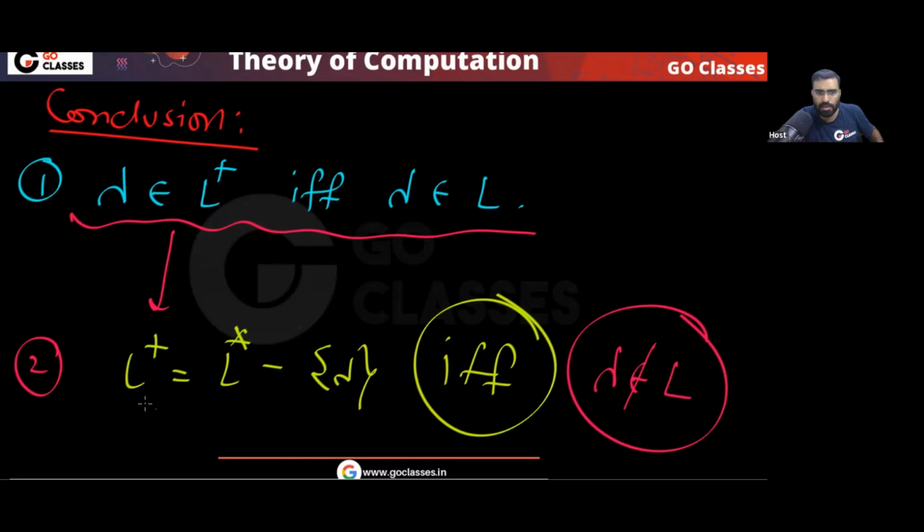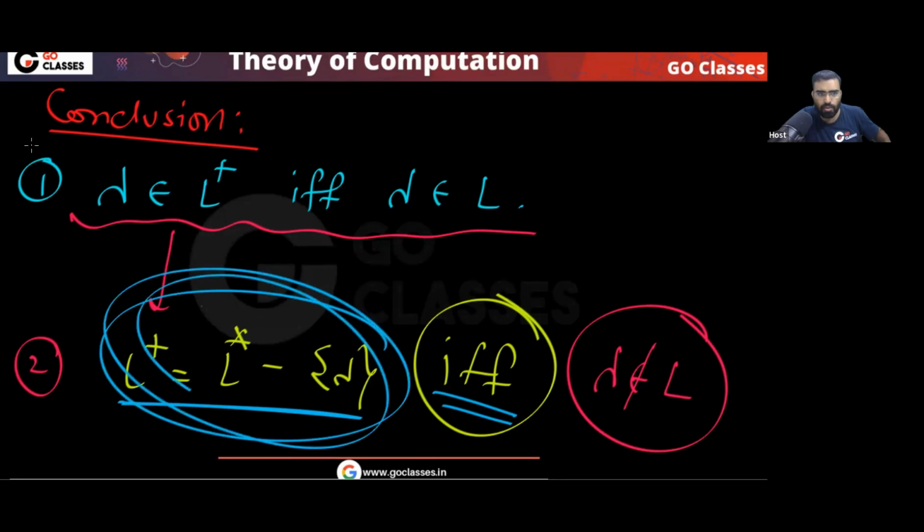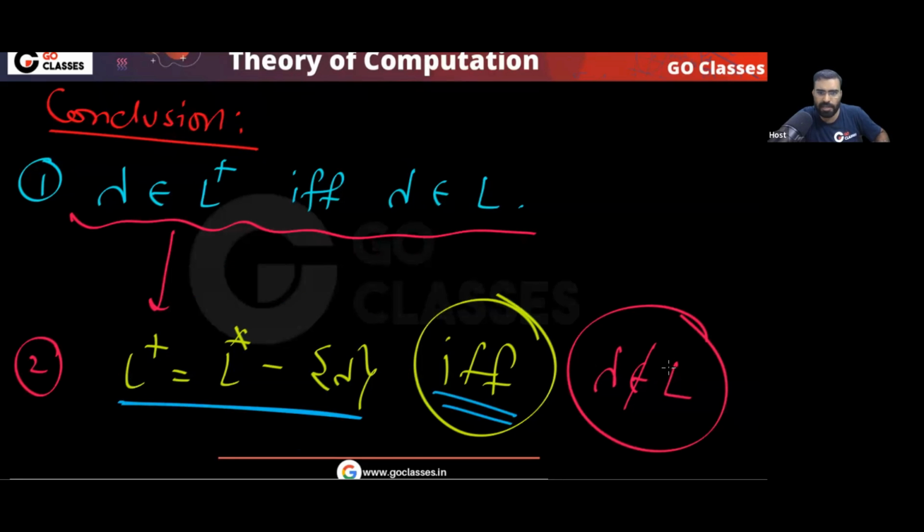Let me know. Remember, you can do this if and only if lambda does not belong to L. So this is the proof.